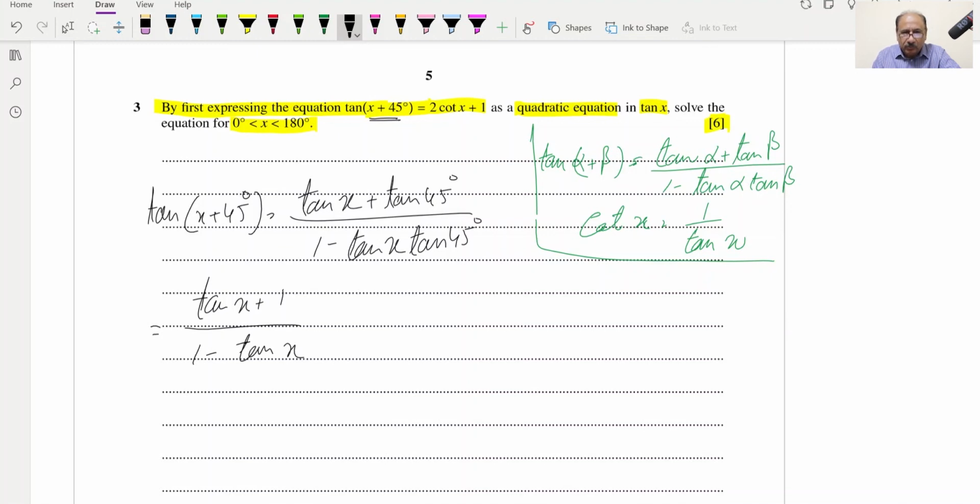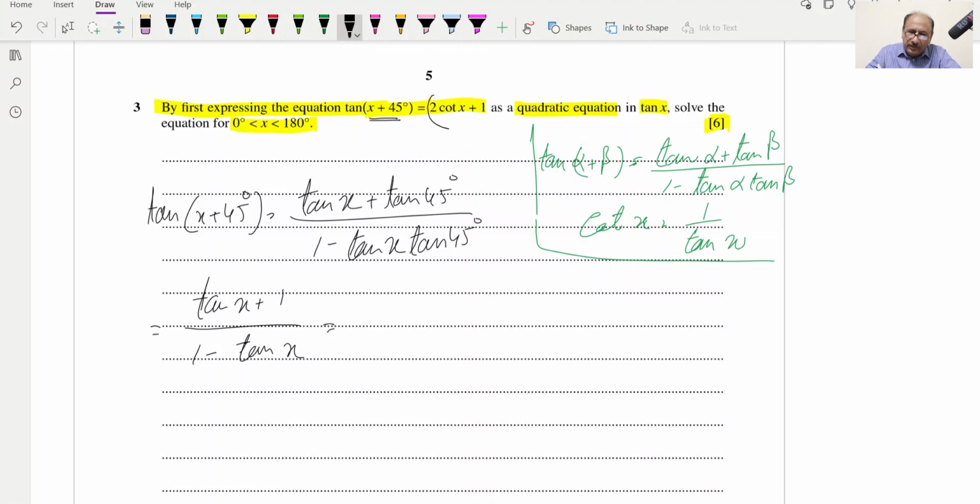And we know this is equal to 2 plus tan x over tan x. So this one we know is equal to 2 over tan x.